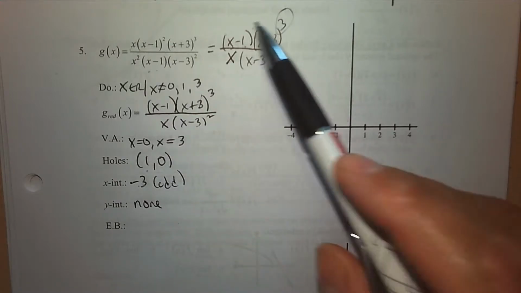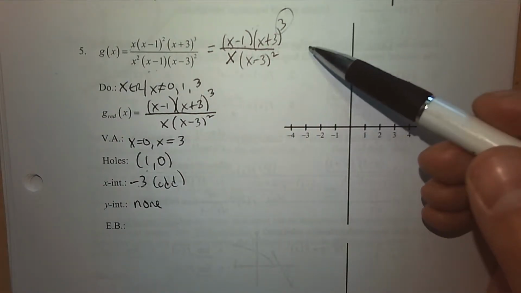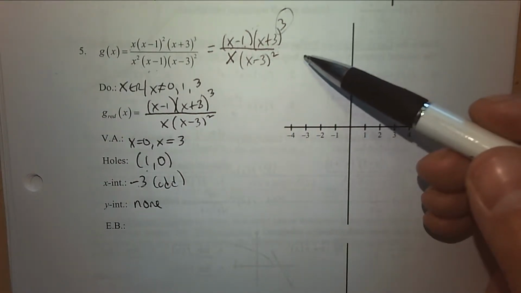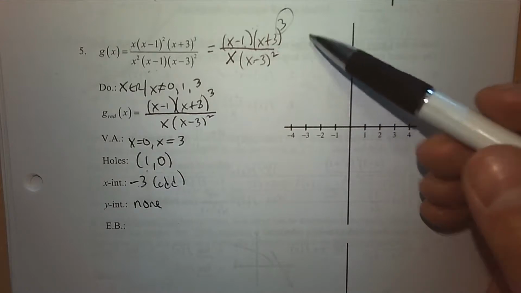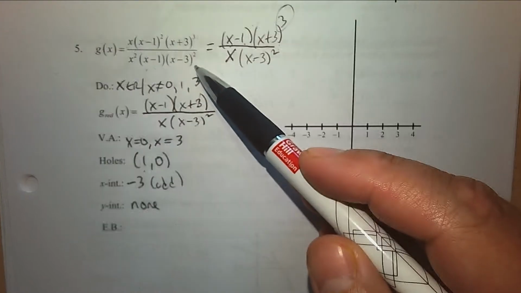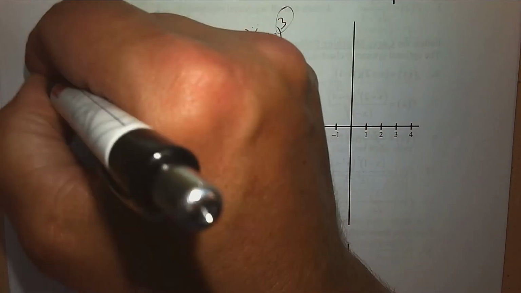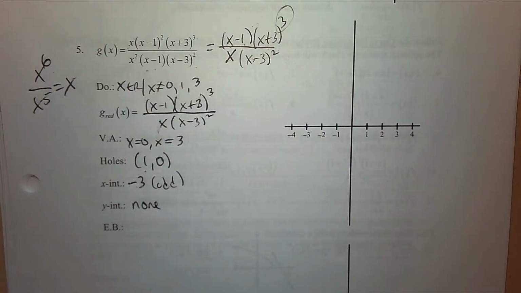If I multiply the top and bottom out, what's the degree on top and on the bottom? So on top is 6, and on the bottom is 5, right? So if I reduce that down, x to the 6th over x to the 5th, what is the end behavior?